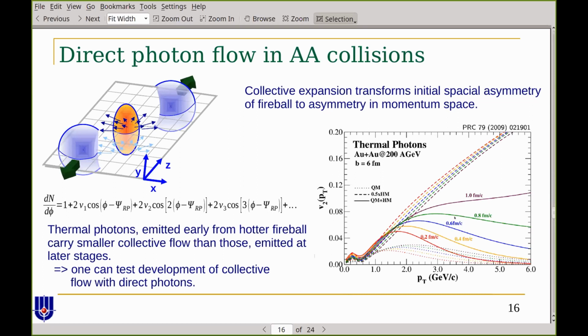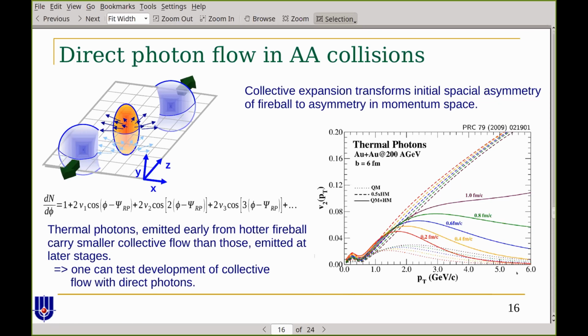This is illustrated in hydrodynamic calculations shown on the right part, where different contributions of thermal photons from quark-gluon plasma and from hadronic gas, and a combination of them, are shown.